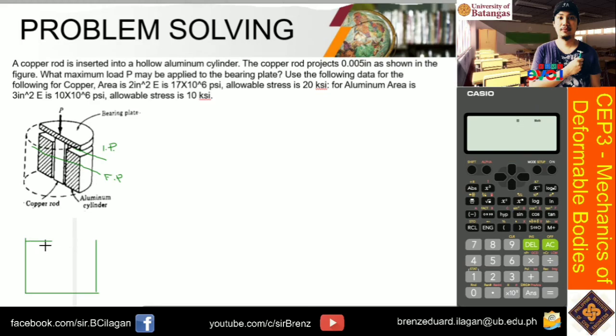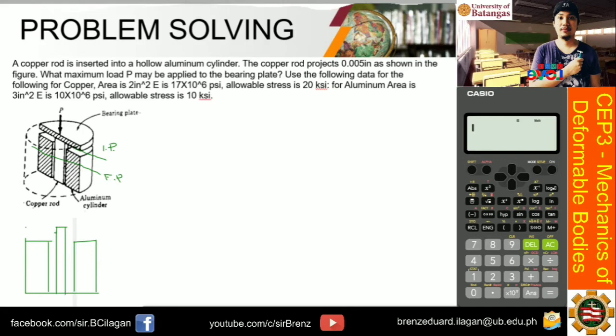So ito, meron ka ditong aluminum cylinder. So when we say cylinder, ayan siya. Yung cylinder mo butas sa gitna. Sa gitnang yan, may naka-insert na copper rod, kung saan yung copper rod mo, mas mahaba siya ng 0.005 inches. So exaggerate lang natin yung drawing.